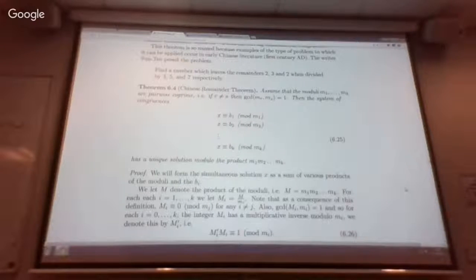So you get a set of congruences modulo each of the prime powers appearing in the prime factorization of n. So you've got k of these. There's k distinct prime factors in n. Then the original congruence, which we're going to be faced with and trying to solve, can be shown to be equivalent to this set of congruences.